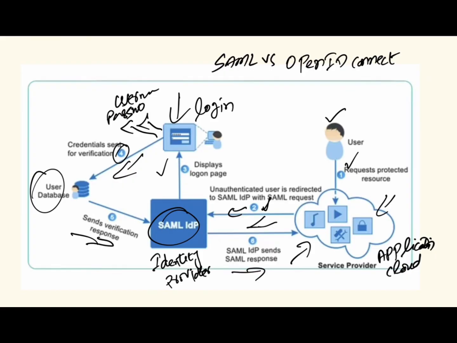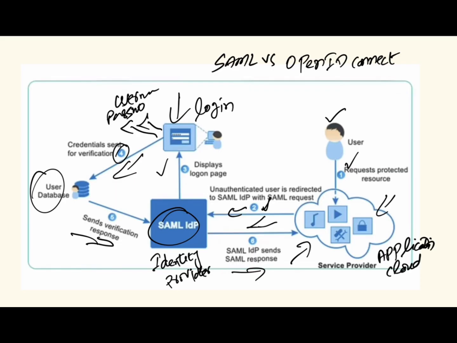So the SP validates the SAML response. The user is now logged in. So it validates, and then the user is logged in. Access to protected resources is granted. Now the memory points for the CISSP exam. SAML is authentication plus SSO, single sign-on.